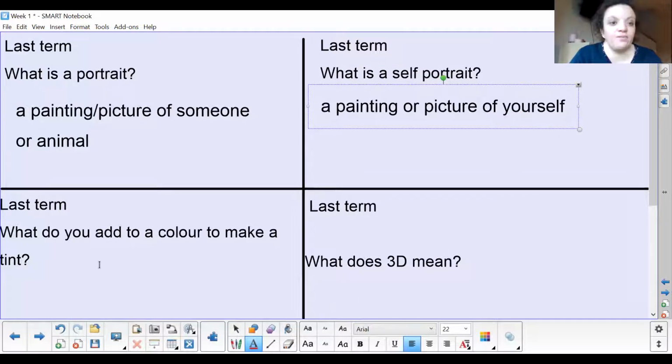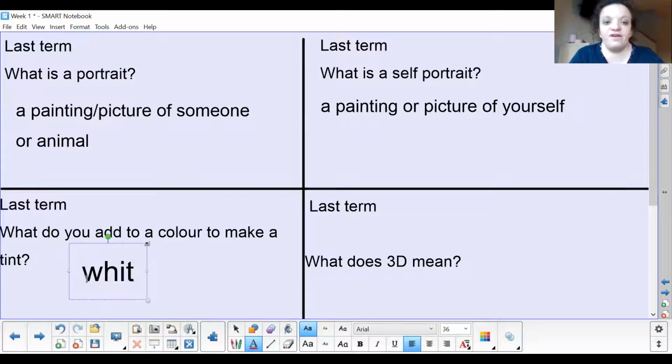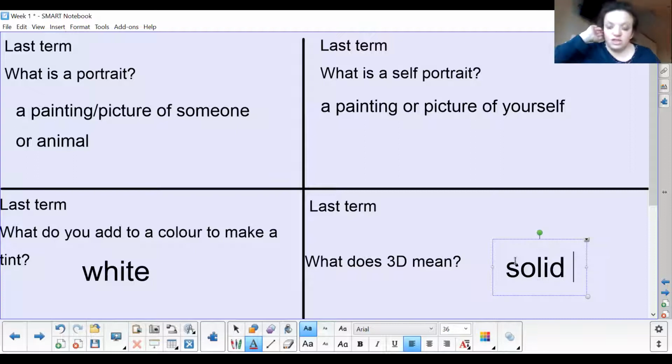Okay, we add white to a colour to make it a tint. And 3D means it's a solid. It's not flat, it comes out, it's fat, it's solid.